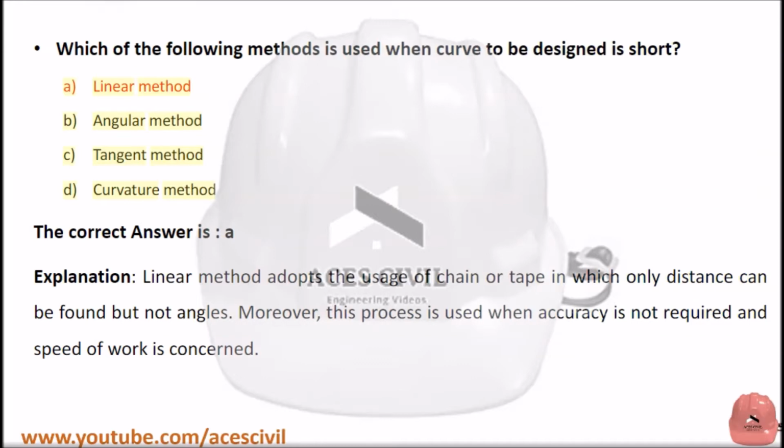C. Tangent method. D. Curvature method. The correct answer is A. Explanation: linear method adopts the usage of chain or tape in which only distance can be found but not angles. Moreover, this process is used when accuracy is not required and speed of work is concerned.